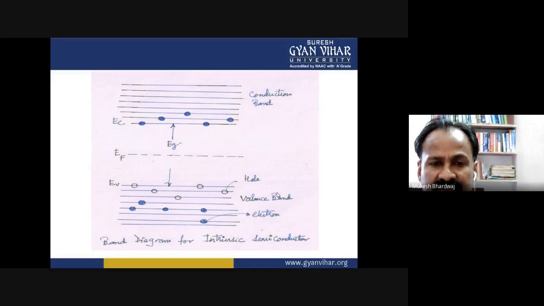So the Fermi level is a criterion or a parameter defined to cross the barrier for playing a vital role in the conduction of electrons.